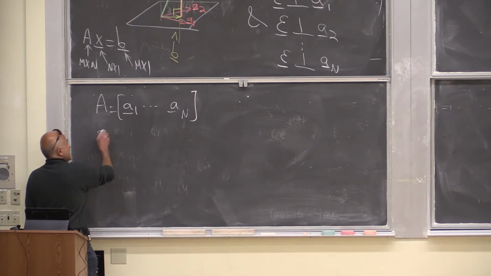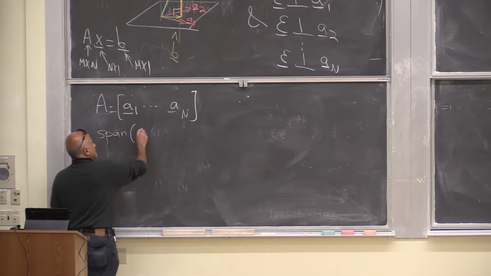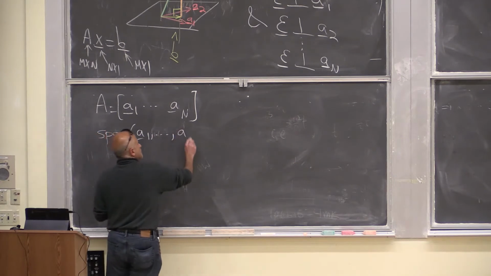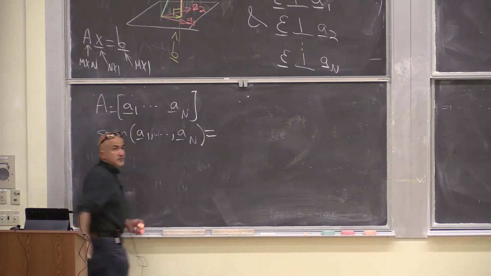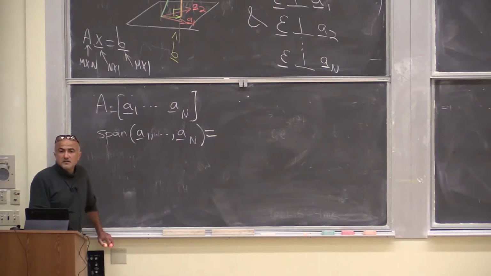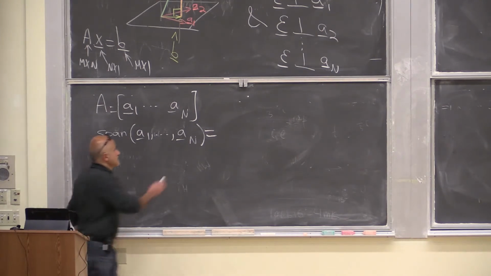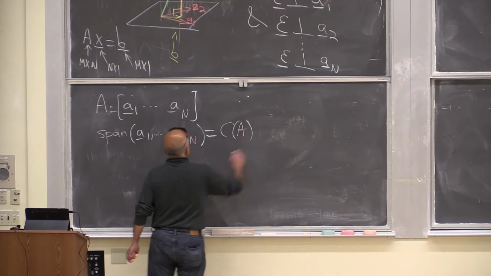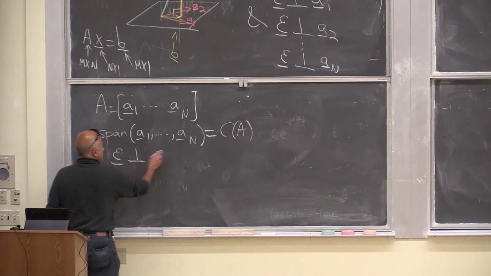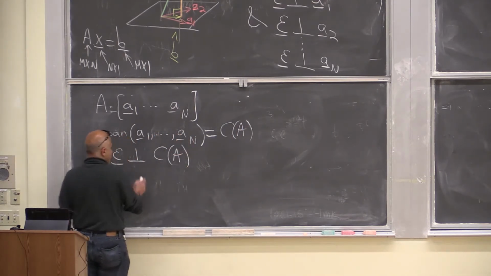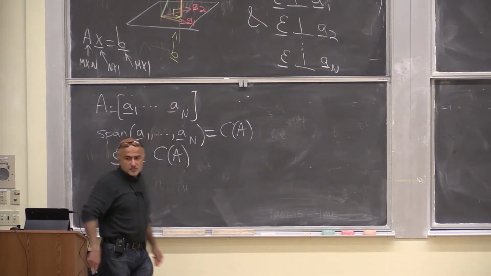So the span of A1 through AN is what? What do we call that? Column space of A. Okay? So our error vector is orthogonal to the column space of A, and it's orthogonal to each of the individual columns.